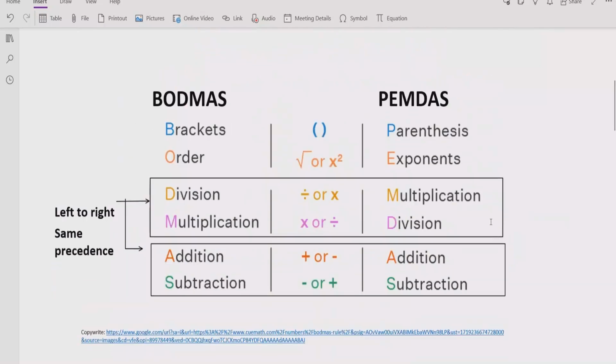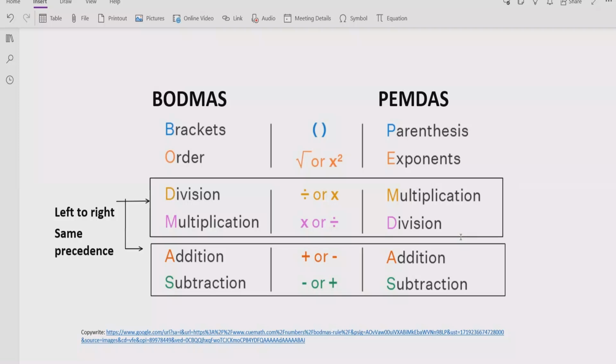Now let's recall what the BODMAS and PEMDAS rule is. As you can see on the screen, the BODMAS and PEMDAS rule basically applies to any arithmetic expression. The rule says if your expression contains any brackets or parentheses, you have to solve that part first in your expression.